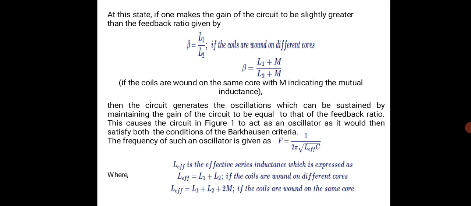So this causes the circuit in figure 1 to act as an oscillator, as it would then satisfy both the conditions of the Barkhausen criterion.